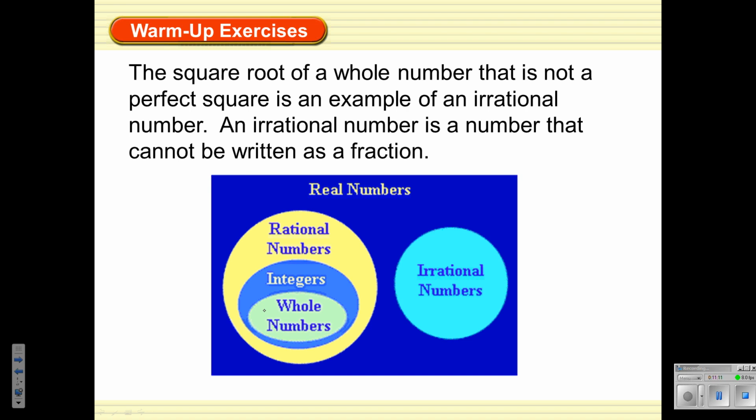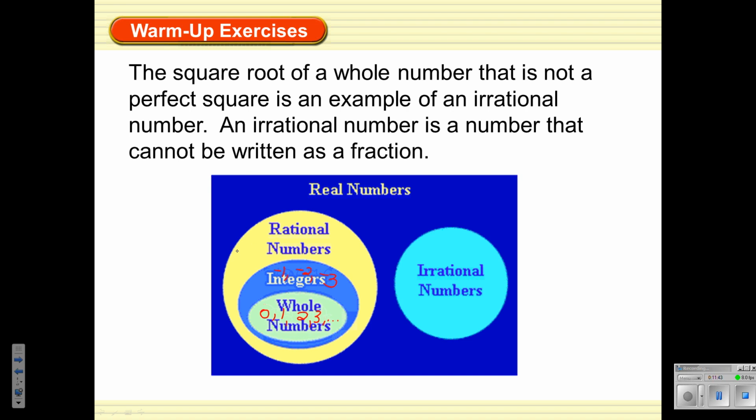Whole numbers are things like 0, 1, 2, 3, and so on, all the positive non-fraction numbers. Integers include whole numbers plus the negatives, so negative 1, negative 2, negative 3, and so on. Still no fractions. So whole numbers are the positives, integers are the positives and negatives.